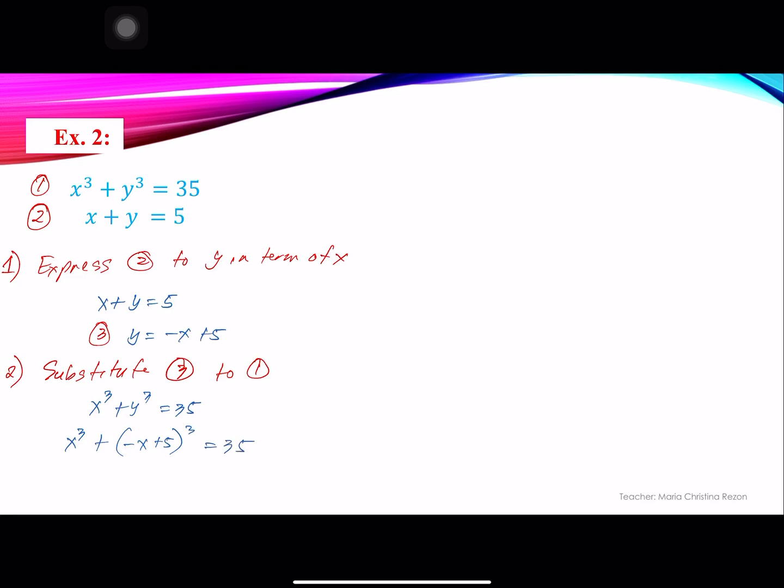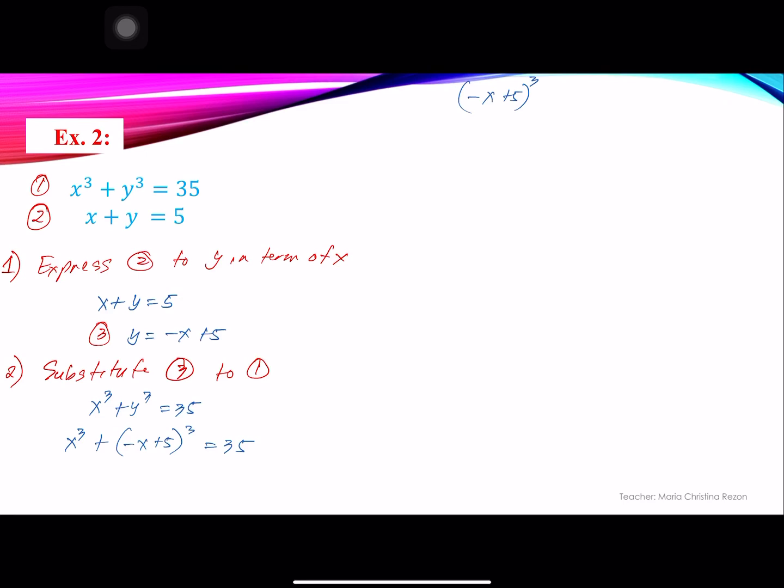Now we have a binomial raised to the power of 3. So let's compute our binomial here, negative x plus 5 raised to 3. If you still remember Pascal's triangle in binomial expansion, you can use that.